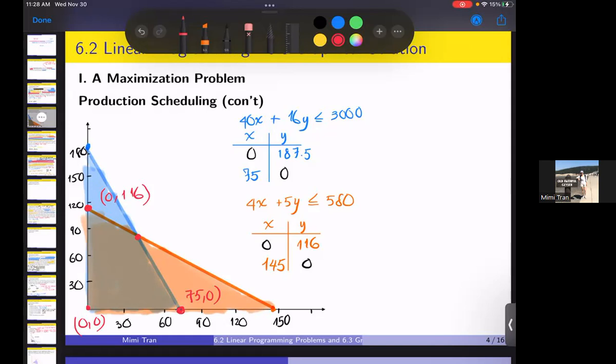Give me a second. This is a new calculator, so I am still figuring it out.